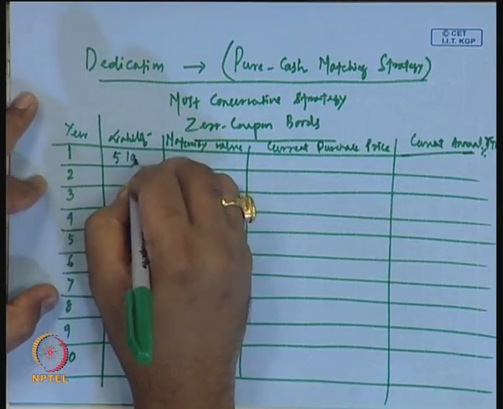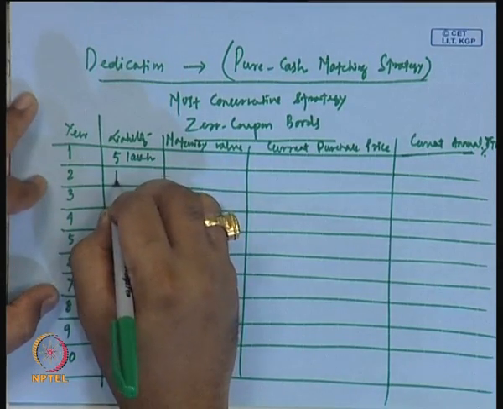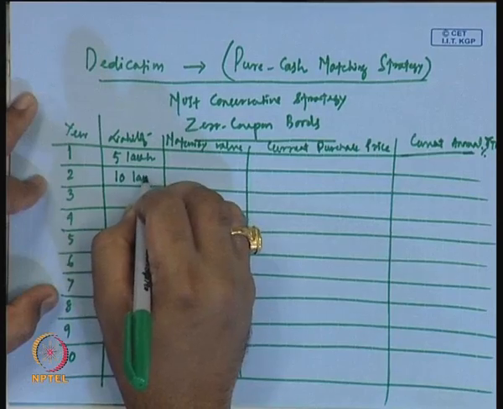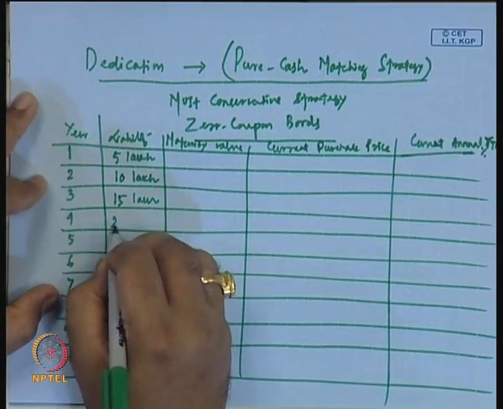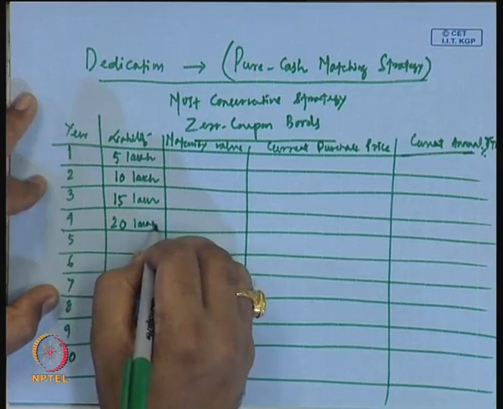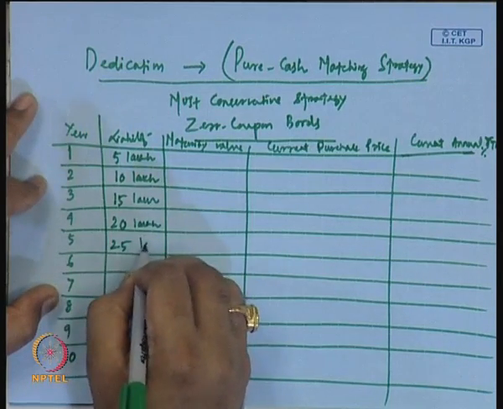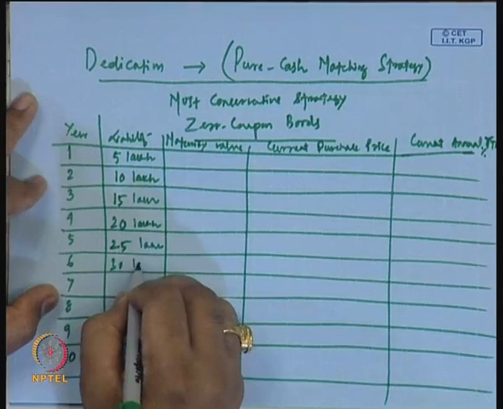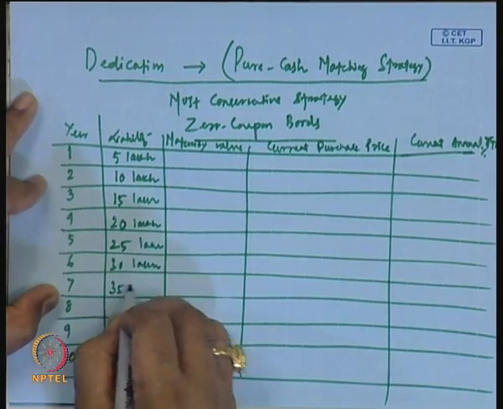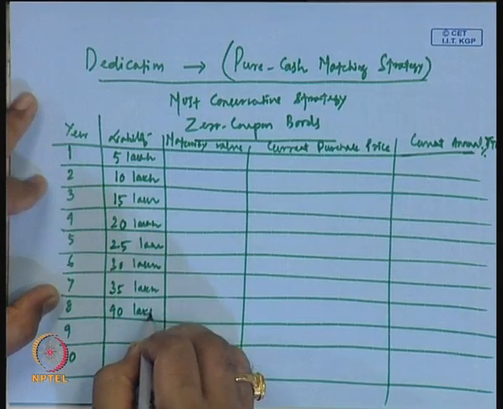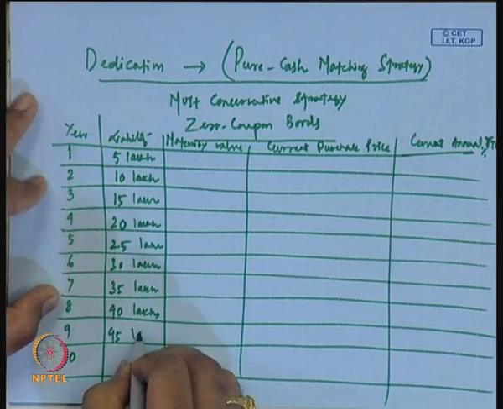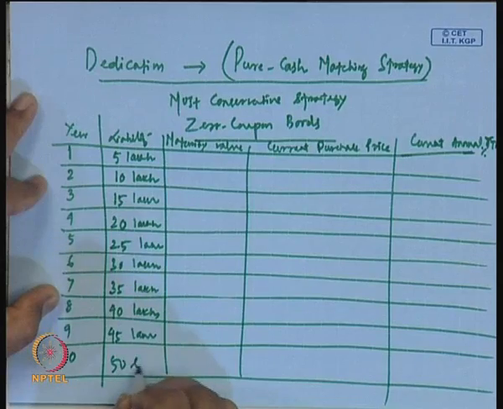This is your 5 lakhs liability after 1 year, then 10 lakhs, 15 lakhs, 20 lakhs, 25 lakhs, 30 lakhs, then 35 lakhs, 40 lakhs, 45 lakhs and 50 lakhs.